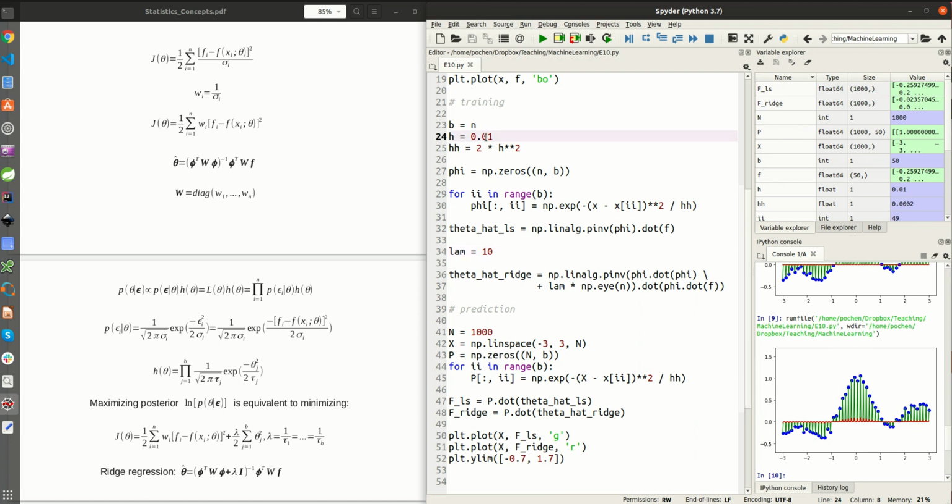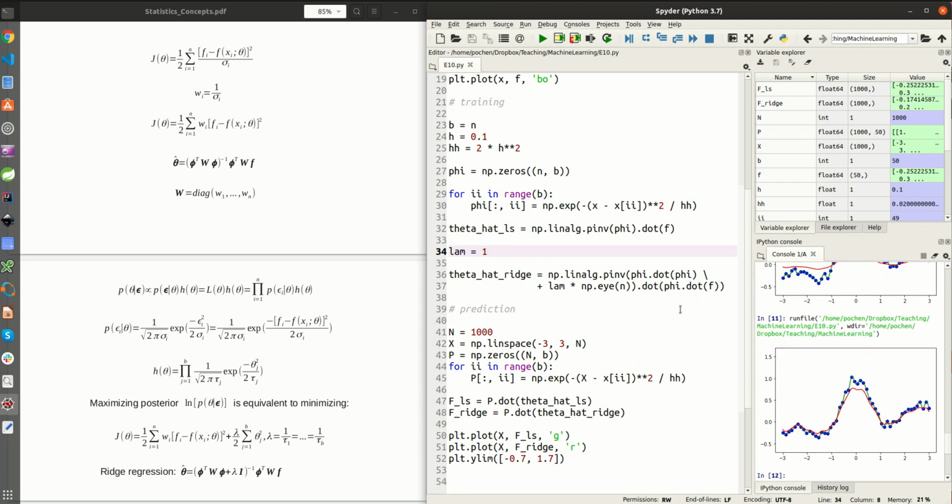If I increase it a little bit, then it looks like the least square fit is able to go through all the data points. But it's not as smooth as the ridge regression result. But in this case, the ridge regression result seems to be too smooth now because it's not fitting the data at all. Which means lambda is too big.